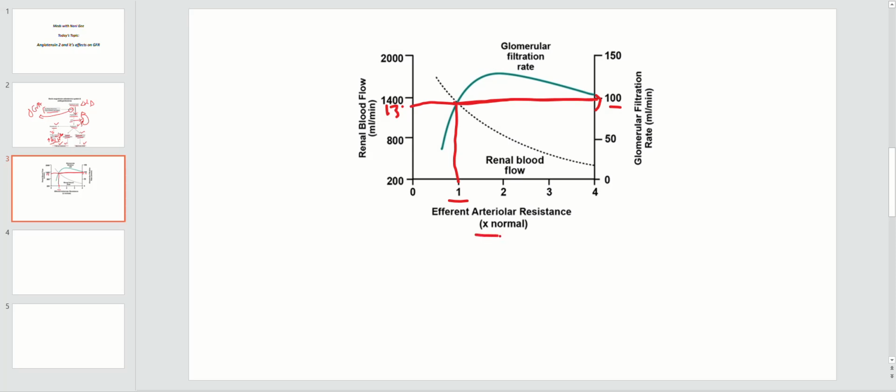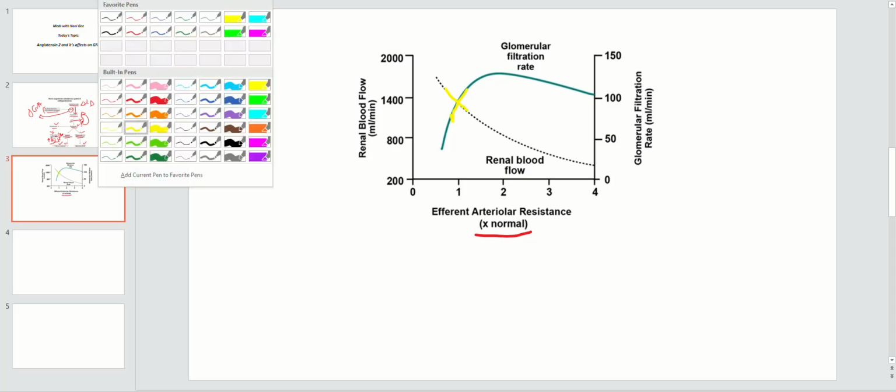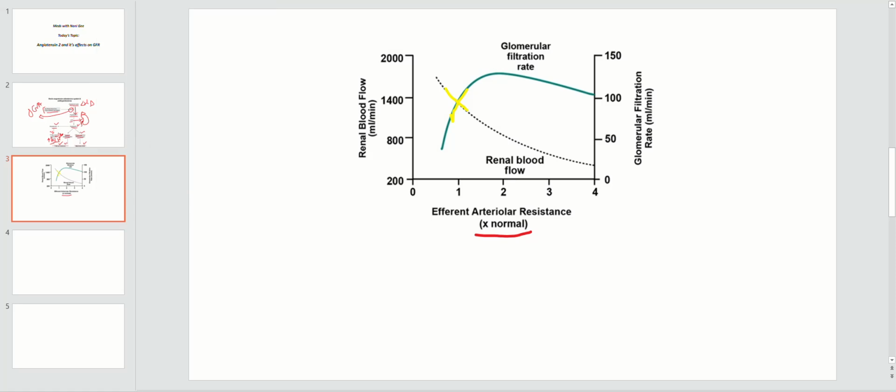That's why we are saying x is normal. Let me draw it again. So this is your x. It means that at 1 arteriolar resistance, your blood flow is 1300 ml and your GFR is 100, which is pretty normal, right?